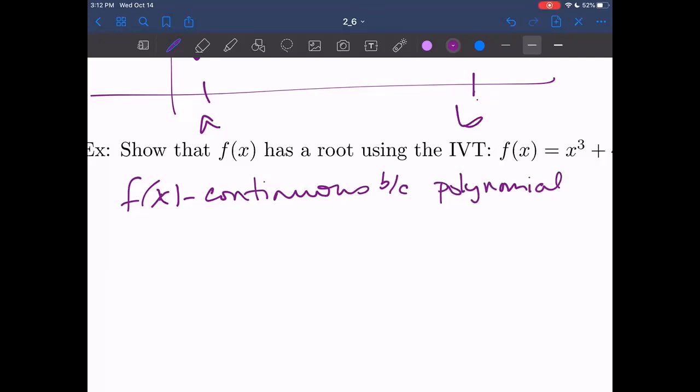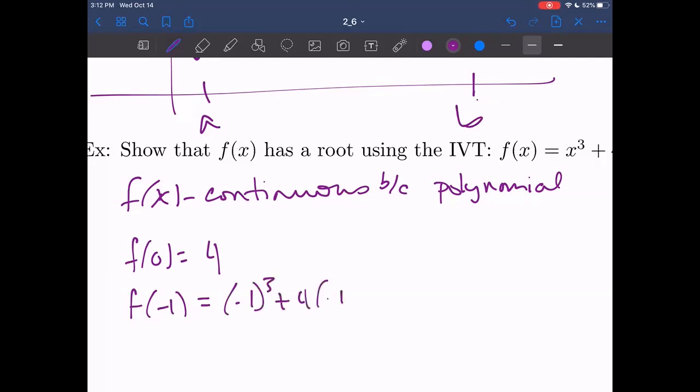Then we check our endpoints. So f of 0 is equal to 4, we plug 0 in, and f of -1 is equal to -1 to the third plus 4 times -1 plus 4, which is equal to -1.